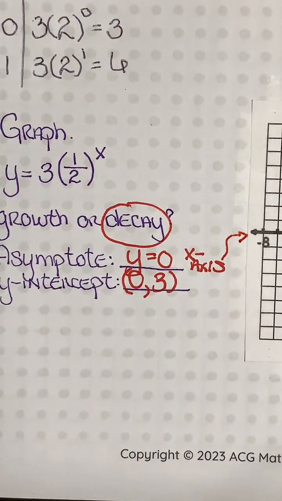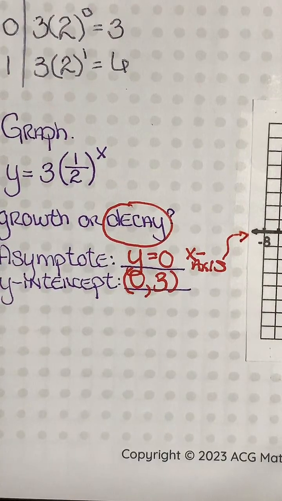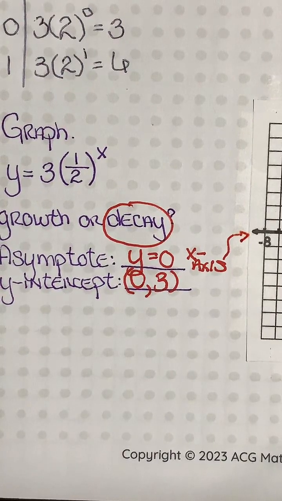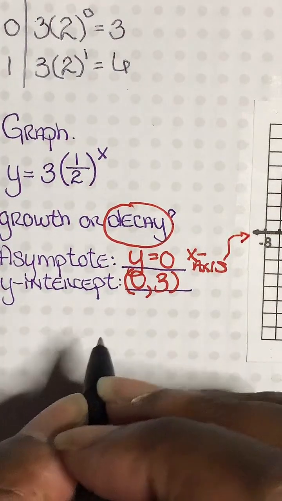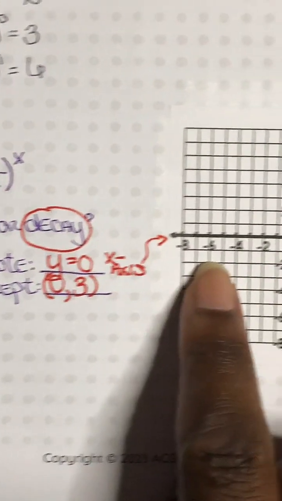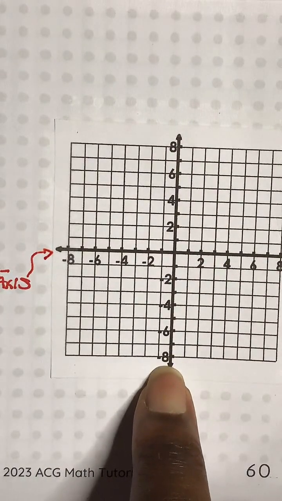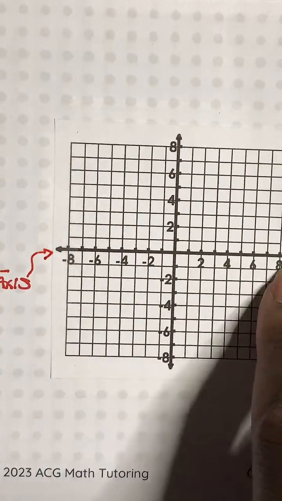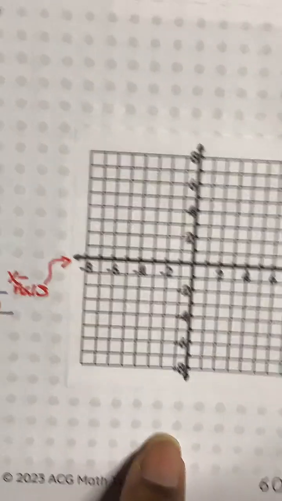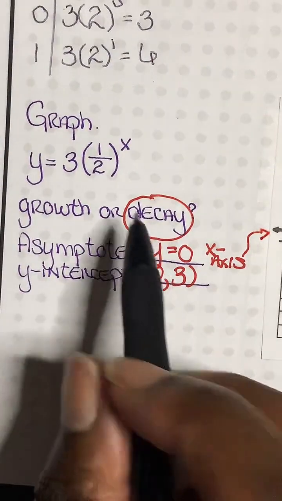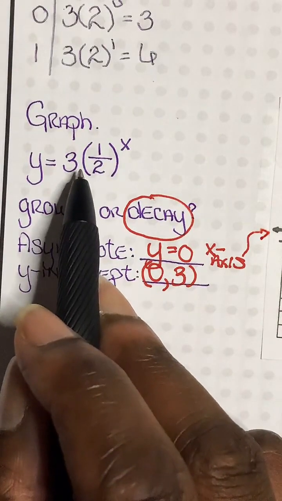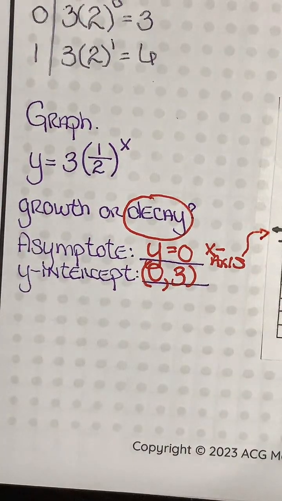So, in order for us to really see our graph, we're going to need some points, okay? We can just use 3 points. Some people like to use 5 points to really show the definition, but we're going to kind of go a little low-key because I'm looking at this pre-made graph. It can only go up to 8. It's an 8 by 8 grid. So I know if I used -2, that's going to take me way off that grid.